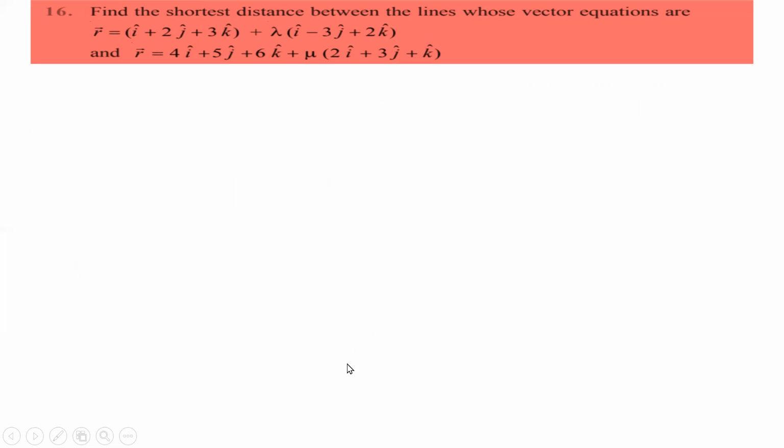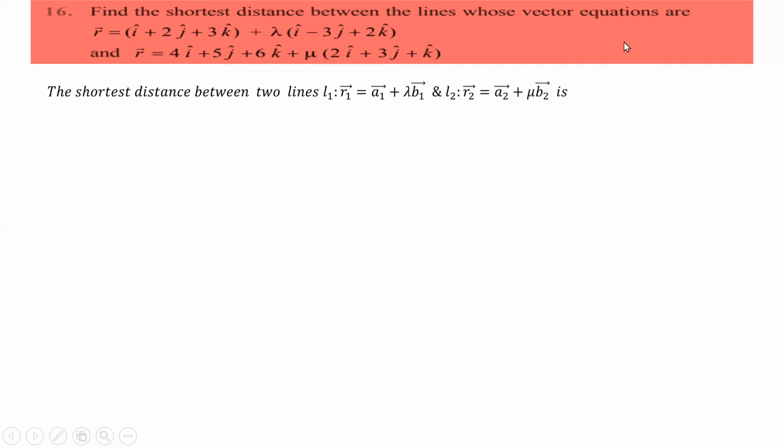So moving to the next question, question number 16. Again you need to find the shortest distance between two lines where the vector forms of the lines are given. So first write down the formula of shortest distance when the vector forms are given.